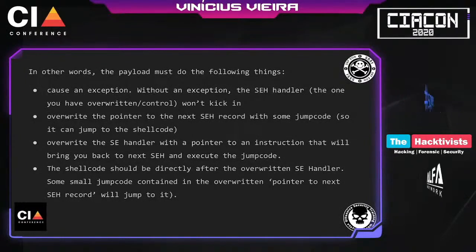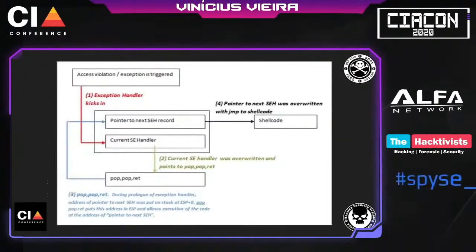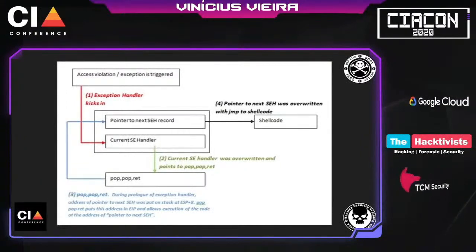The shellcode should be directly after the overwritten SEH handler. To make it easy, let's see this visually. We need to cause an exception, overwrite the pointer to the next SEH record, and overwrite the SEH handler with a pointer.